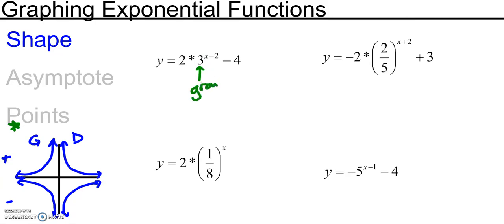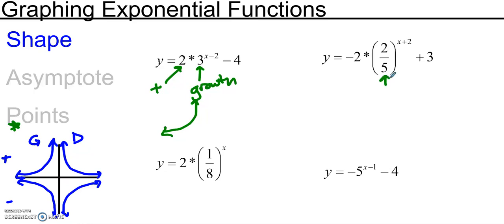That's growth. And more than just growth, it is positive growth, because that leading coefficient, that 2, is positive. So positive growth is going to put me right there. That's the shape of my graph. If I look at the shape of this exponential, it's going to go like that. Really important to know what the shape should look like.